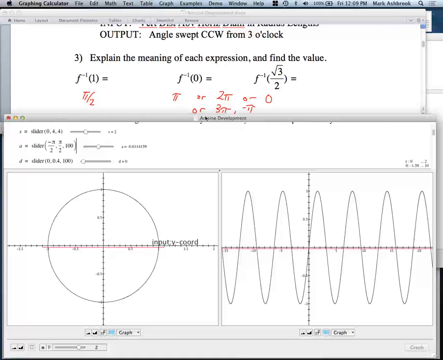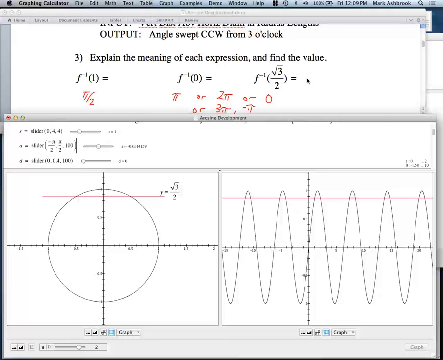What about radical 3 over 2? So here's y equals radical 3 over 2. If we input that vertical distance into the reverse process, what will it give us? Yeah, Taylor.